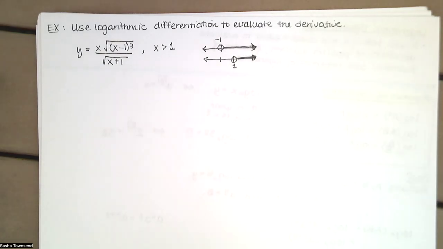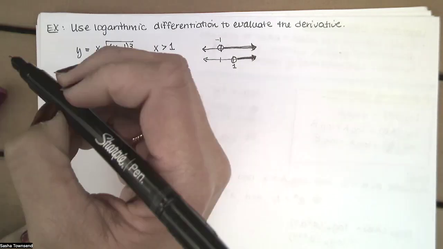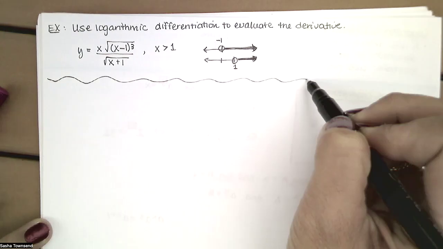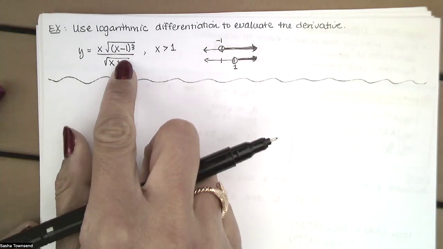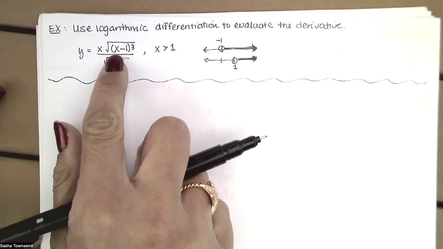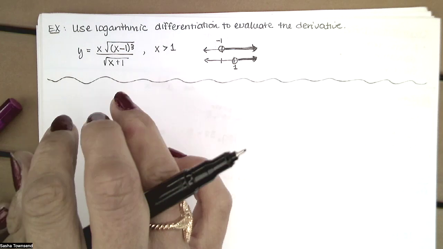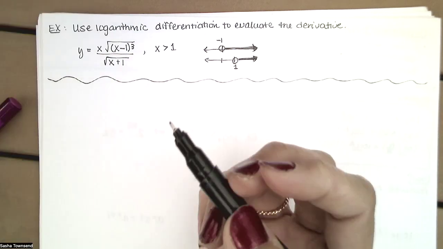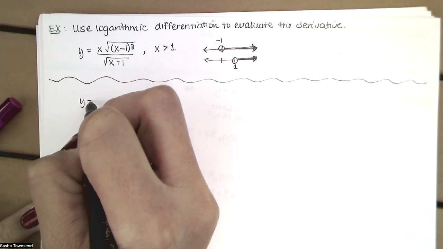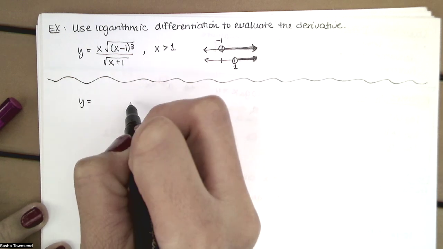With logarithmic differentiation, none of that is necessary. All we do with logarithmic differentiation is we say, I've got a quotient that's relatively involved. I'd like to take the derivative of this. I think it'll be easier to take the derivative if I take the logarithm of both sides. So we'll compute the logarithm of both sides.